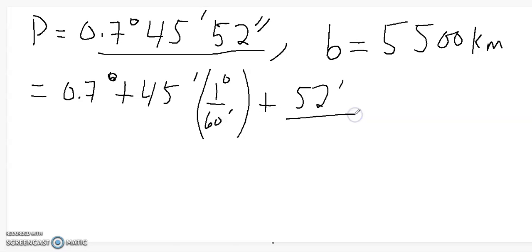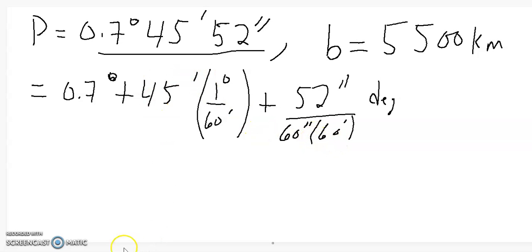But of course, we know that there are 60 arc seconds in an arc minute, but there's also 60 arc minutes in a degree. So the degree would come up here. The idea here is that you just take the 45, you divide it by 60, and you add that to 52 divided by 60 squared.